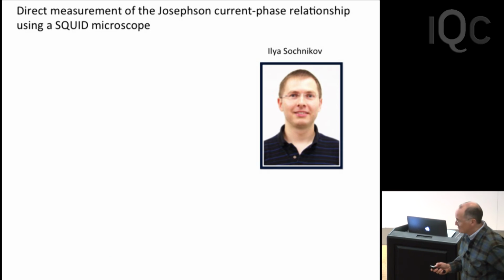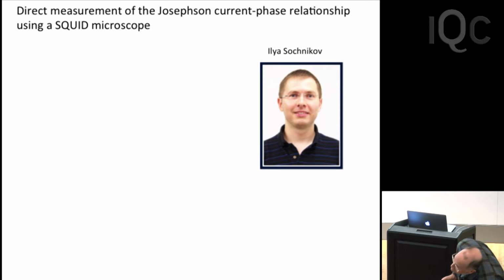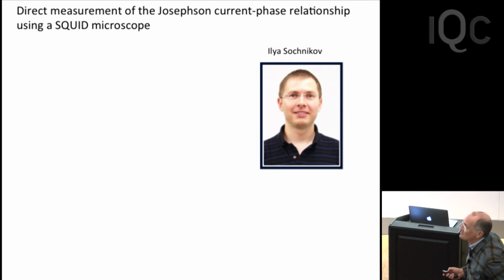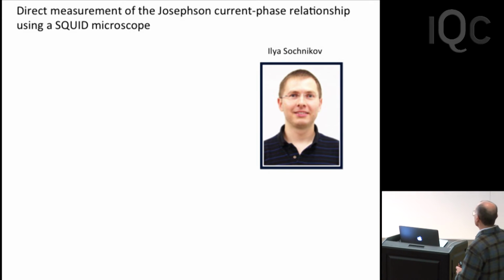So the work I'm going to be telling you about now was done by Ilya Sochnikov, who's also a postdoc in Cam's group. And what we did was we decided to measure the current phase relationship in these types of junctions directly.